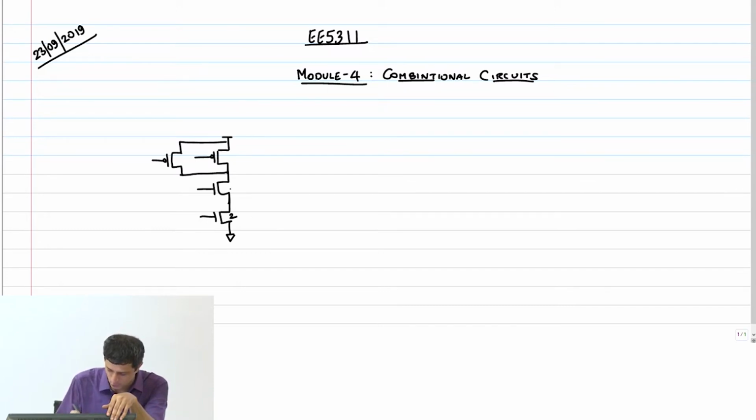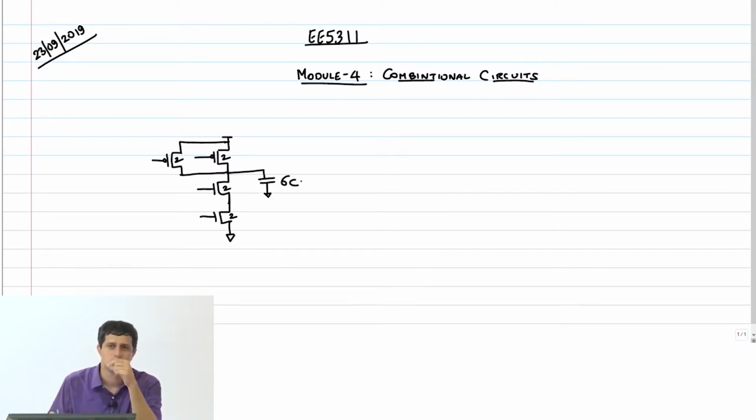size 2, 2, 2 and 2, then the net capacitance here would be 6C, 2C coming from each of the two PMOSs, and 2C coming from the NMOS on top.